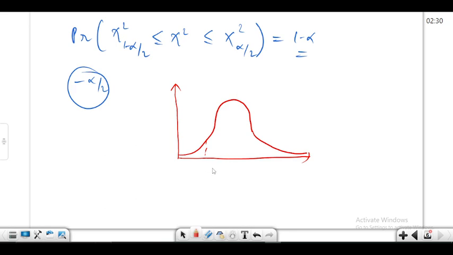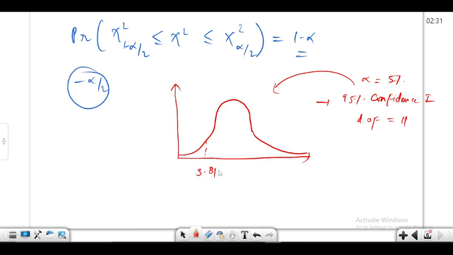This graph is created for the values wherein 95% is the confidence level, or the significance level alpha is 5%, and the degrees of freedom is 11. In this case, this critical value will be 3.8157, and this value will be 21.9200.